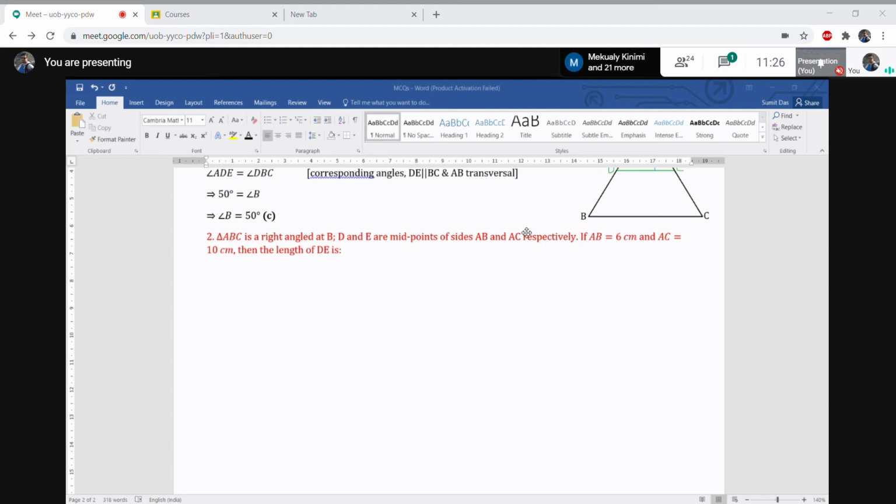I just came to know this one today only. Okay, in triangle ABC, D and E are the midpoints of AB and AC.